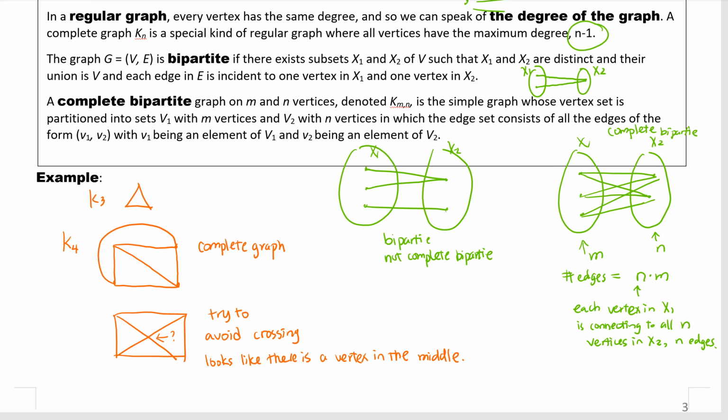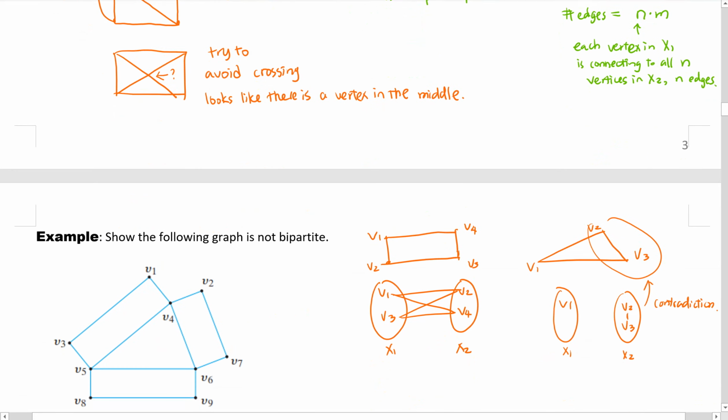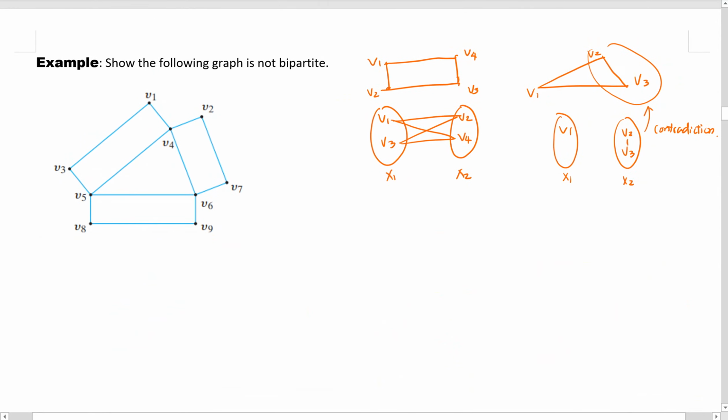So you cannot have an edge incident to two vertices in the same set. That means we allow rectangles, but we don't allow triangles. But here we have a triangle. So a triangle is not allowed.